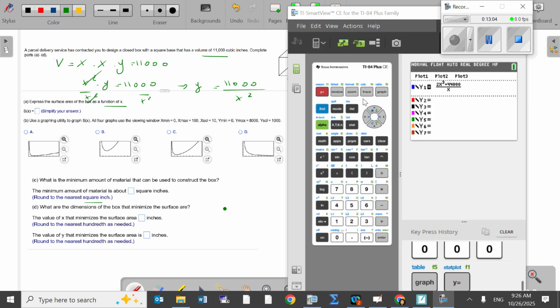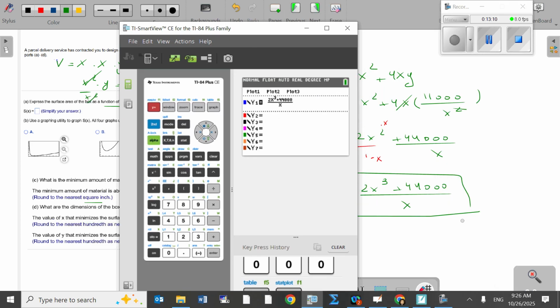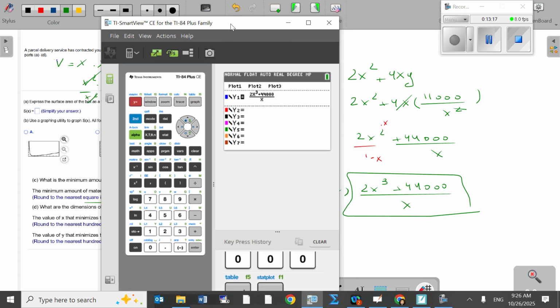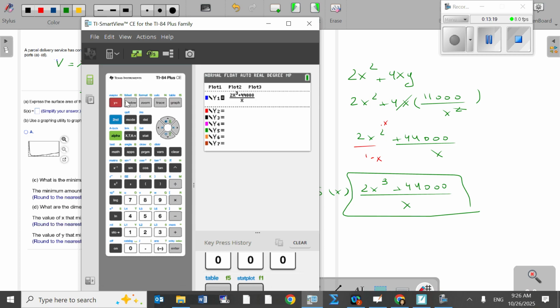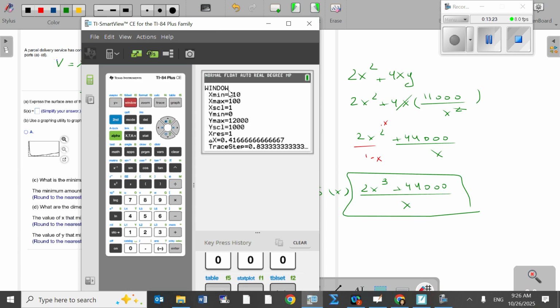To graph the function, I'm going to use my calculator and enter the function into y equal. So that's the function that I entered here. Now, to simply graph it, however, we need to make sure the window is big enough. So this is the window that I created from -10 to 100, because I had really big numbers here.